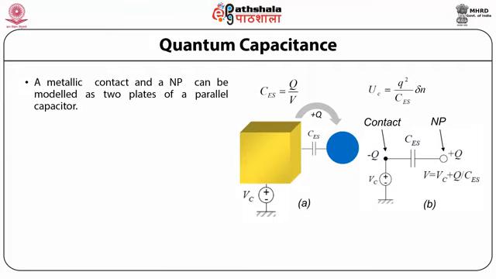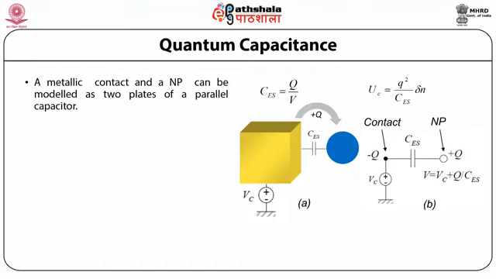As shown in this figure, when charge is transferred at the interface, the capacitor is charged, a voltage is established, and the nanoparticle changes potential, which is known as charging energy and is responsible for a shift in the vacuum energy. So we can write CES equal to Q by V, where V is the voltage across the capacitor.